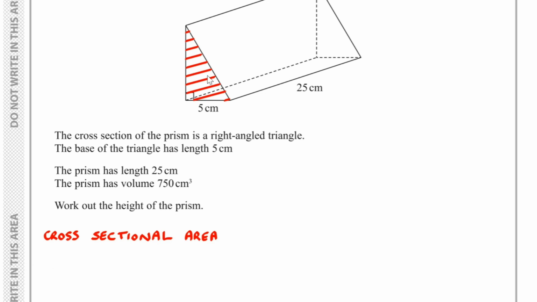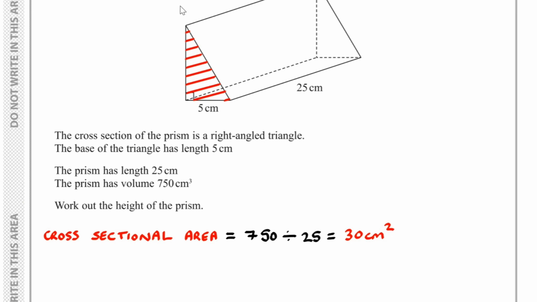The cross-sectional area shown here is equal to 750, which is the volume, divided by the length of the prism, which is 25, and it turns out the cross-sectional area is equal to 30 centimeters squared.